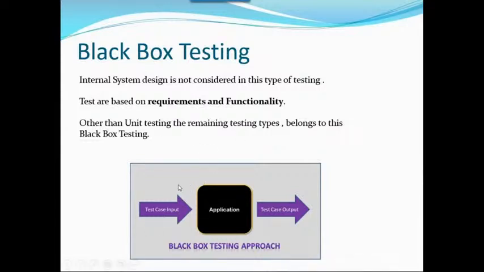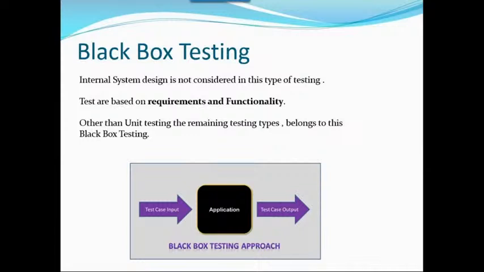Black box testing is done by the QA, and we never see any code. How will we test? The test is always based on requirements and functionality. These two are very, very important.